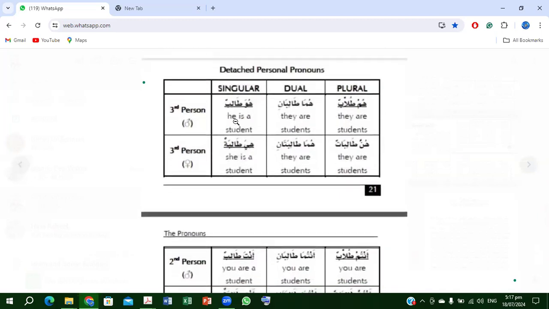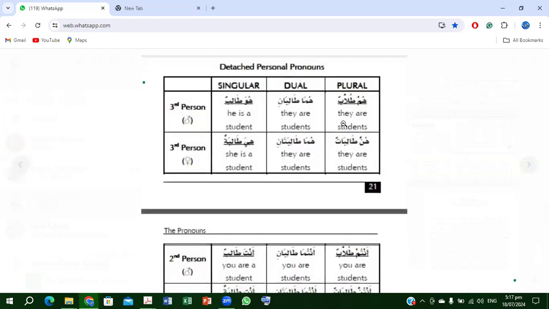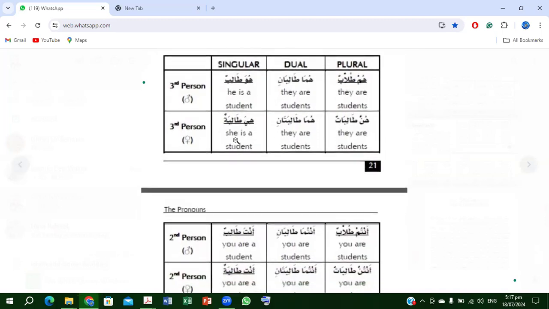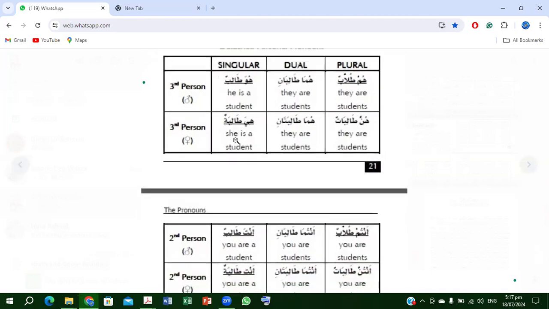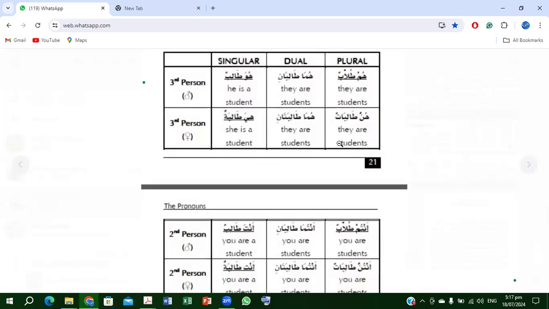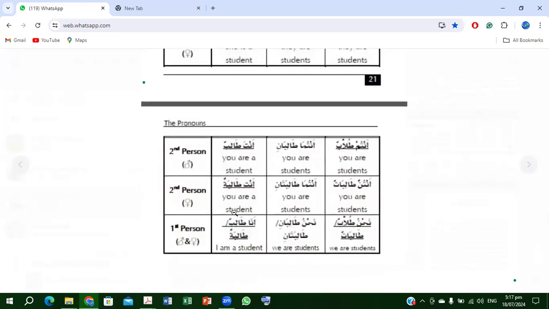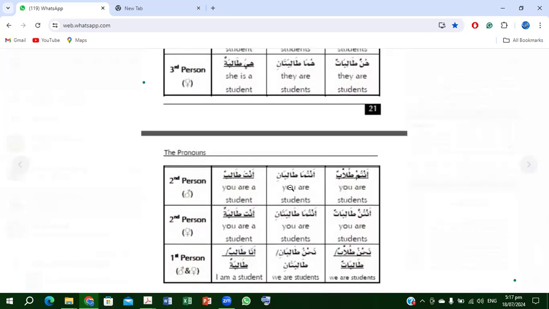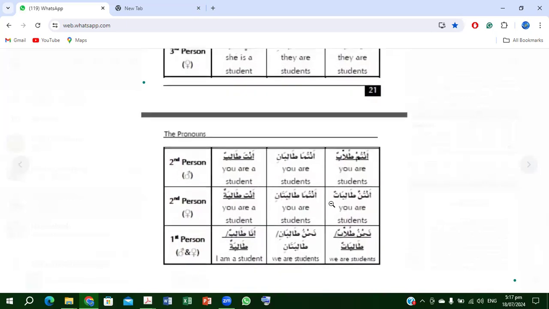Just for detached. So 1, 2, 3, third person singular, dual, plural for male, 3. Then for female also 3, right? One will be singular, then dual, then plural, 6. Now total 6 for third person. Similarly, 6 for second person, okay? 3 for male, 3 for female, right?